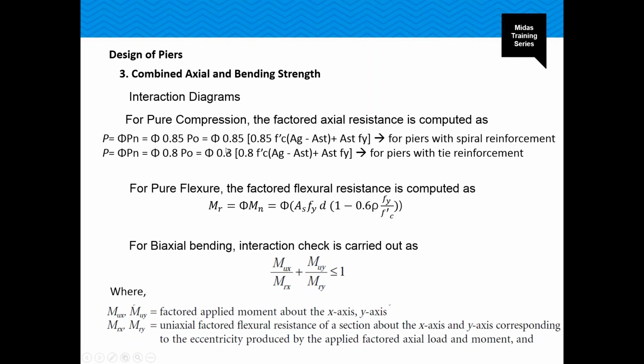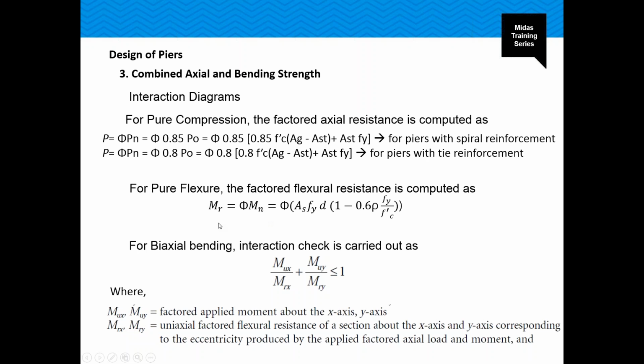And let's say for pure flexure, when there is no axial load, which is actually not a practical case, for the pure flexure case, this is the bending moment which is given by the code. So this is the maximum load carrying capacity of the pier, and this is the maximum moment carrying capacity.